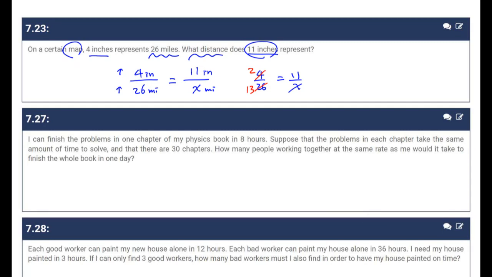So cross multiply, 2x equals, what's 13 times 11? 143, right? 143. So if you divide that by 2, x alone will be 71.5 miles.